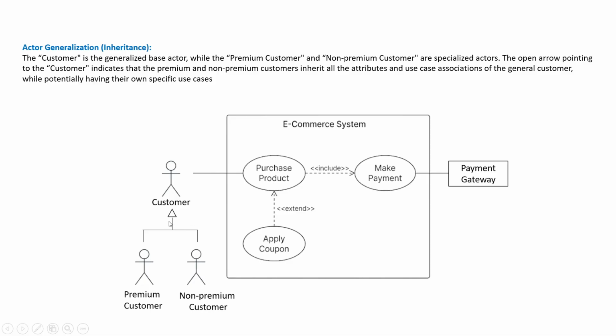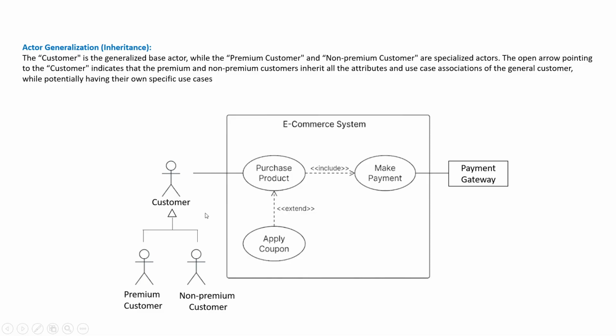The open arrow pointing up to the customer indicates that the premium and non-premium customer inherit all the attributes and use case associations of the general customer, while potentially having their own specific use cases. This means that a premium customer and a non-premium customer is a customer.